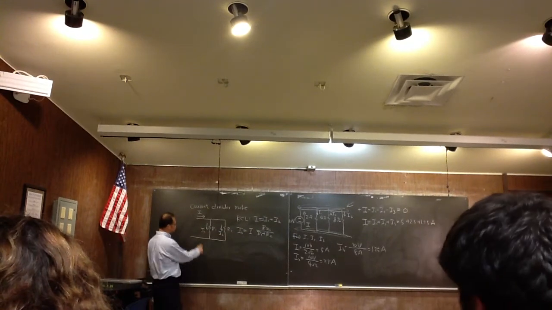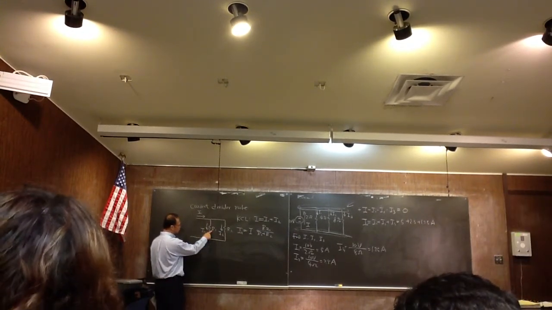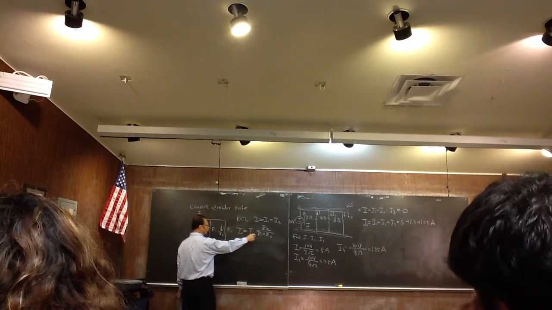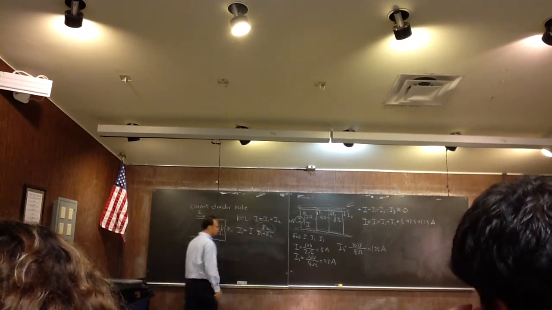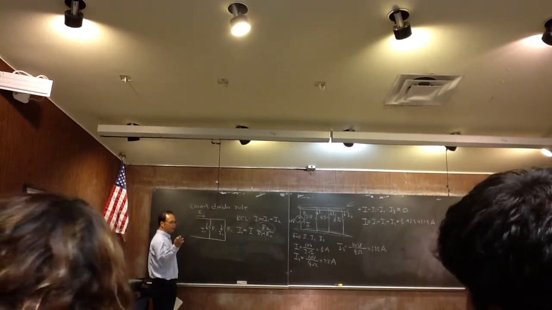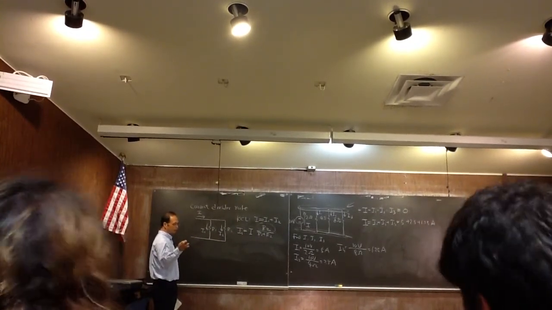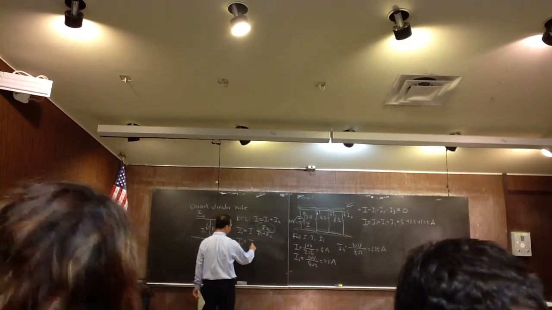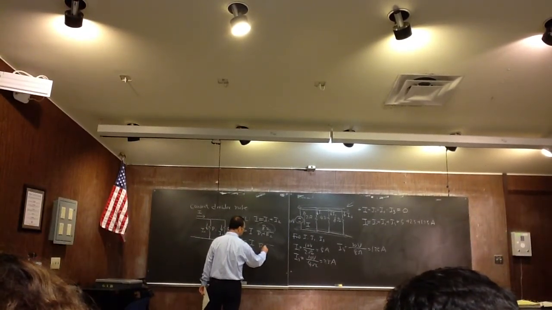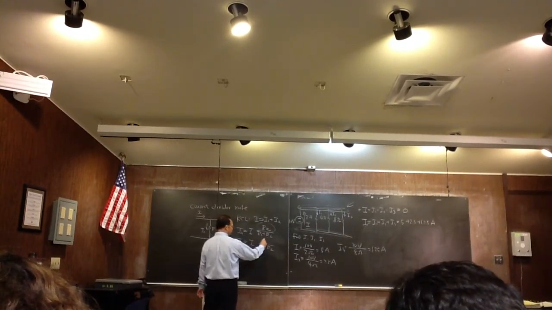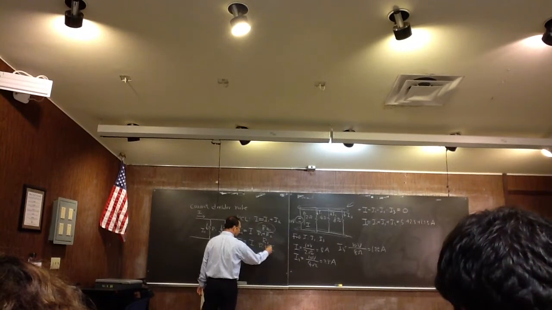So you see, we are looking for the current going through R1, so the number on top should be the resistance in the other branch. The same concept, I2 is equal to I times R1 over R1 plus R2, with the other branch being R1.